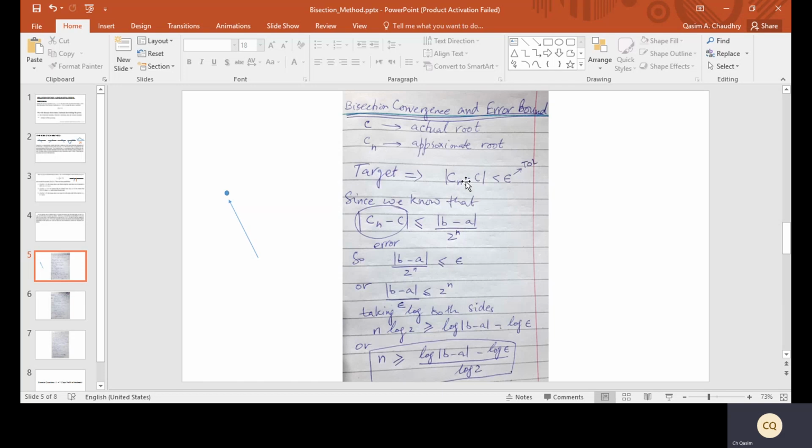The ultimate goal is that the absolute value of Cn minus c, because this is a difference, so whether it is positive or negative has no meaning, so you are taking the positive value. This is what you call the error. So the error must be less than epsilon, and that is the tolerance.